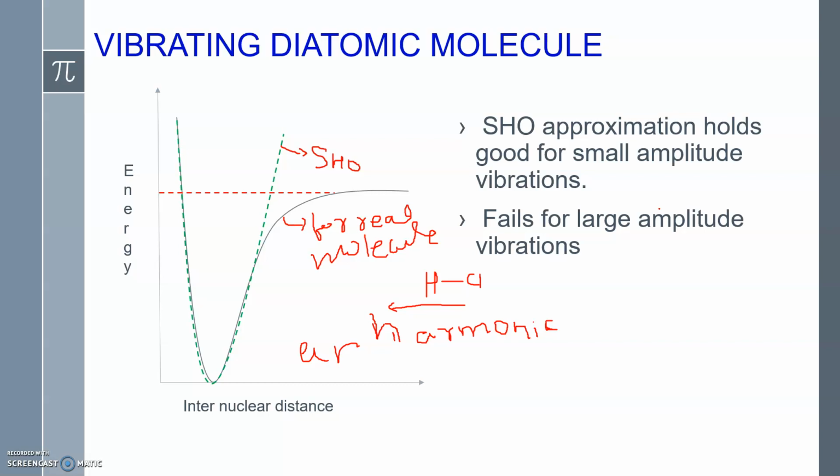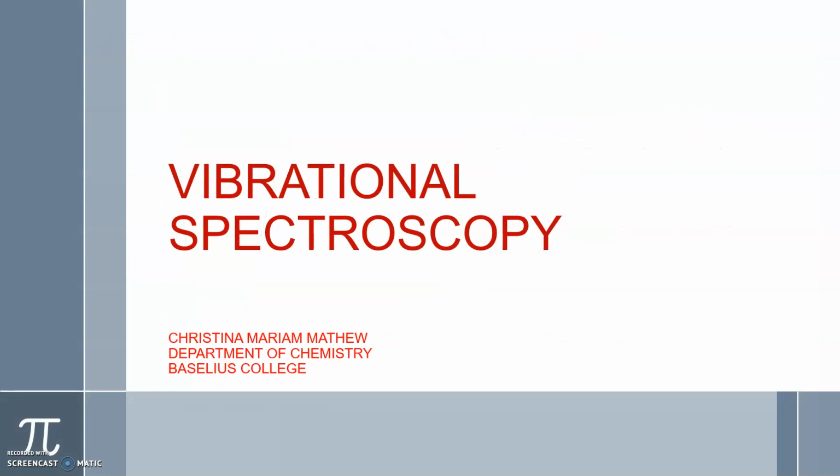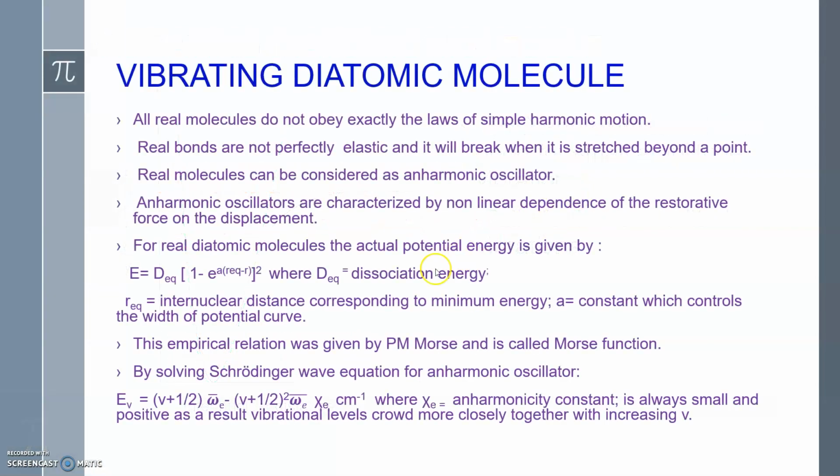The potential used to describe the anharmonic oscillator is known as the Morse potential or Morse function, given by the equation E is equal to D_e times (1 minus e raised to a(r_e minus r)) the whole squared, where D_e is the dissociation energy, r_e is the internuclear distance corresponding to minimum energy, and a is a constant which controls the width of the potential curve. This empirical relation was put forward by P.M. Morse, and therefore it is also known as the Morse function.